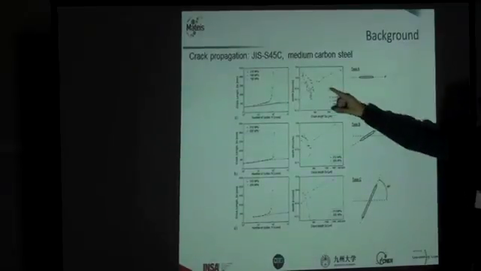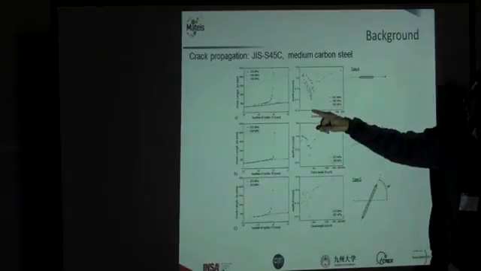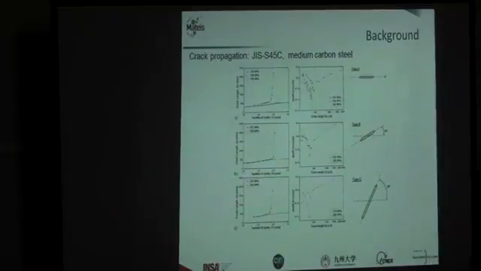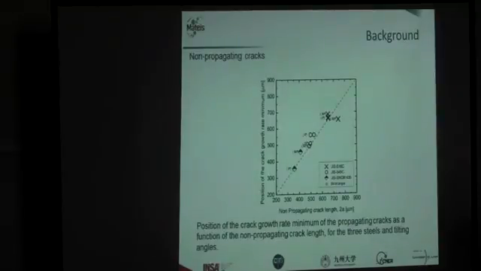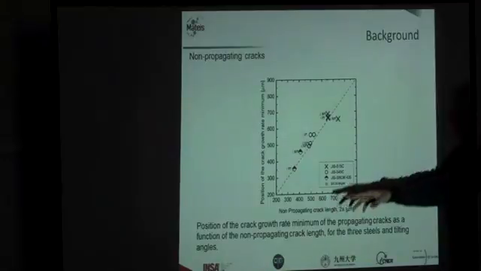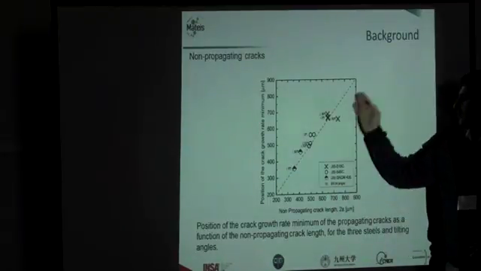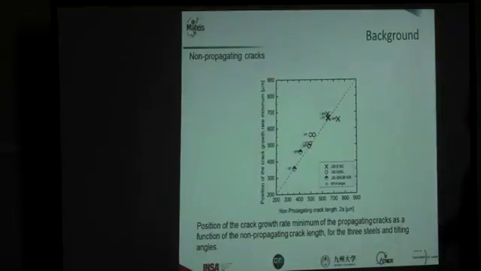And this minimum is really similar to the length of the non-propagating cracks that we found at the fatigue limit. This is the non-propagating crack length, and this is the position of this minimum on the propagating crack. And we can see that they are all really similar.